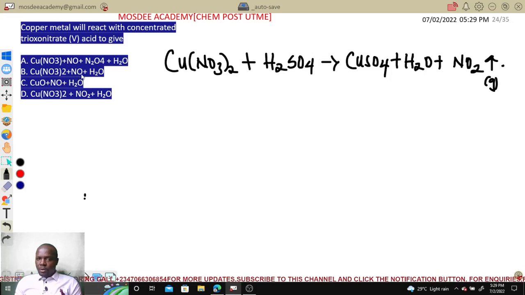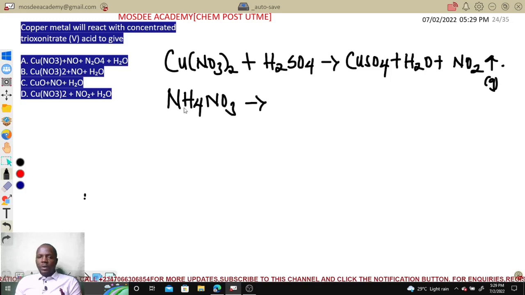This is prepared by decomposition reaction. If you want to prepare N2O, nitrogen oxide, it is by decomposition reaction of ammonium trioxonitrate 5. If you decompose NH4NO3, you are going to remove water, H2O. How many moles of water? 2. Put 2 here.